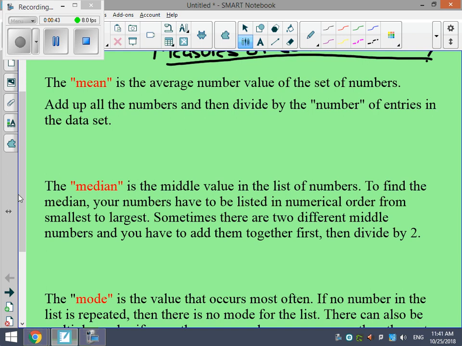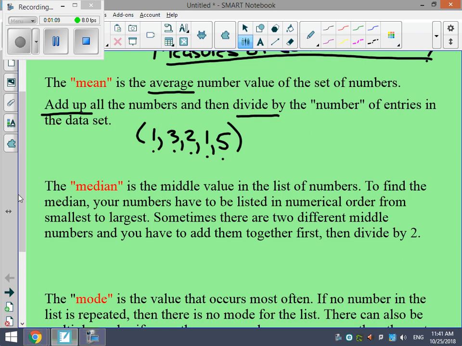So anyhow, the mean is the average number in a set of numbers. If you have a data set, and the data set is 1, 3, 2, 1, and 5, what you're going to do is look at that data set and tell me what the average number is. In order to do that, you simply add up all the numbers and divide by the number of entries in the data set.